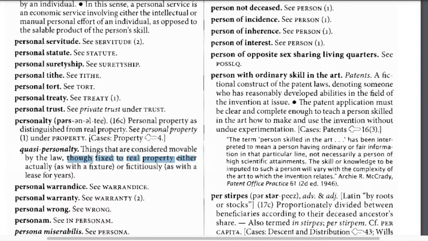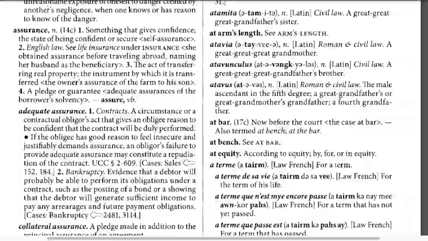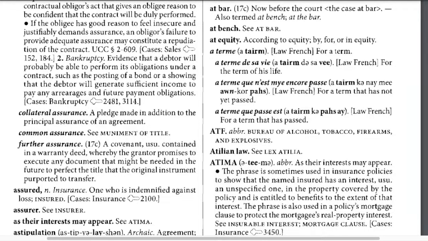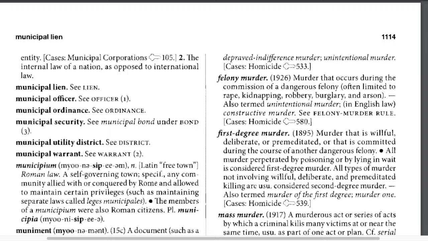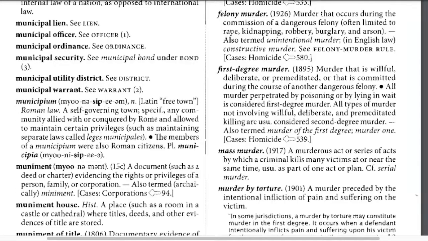Monument of title. That looks like a good one. Oh no, this ain't the right one. All right. Monument. Muniment. Okay. Muniment.